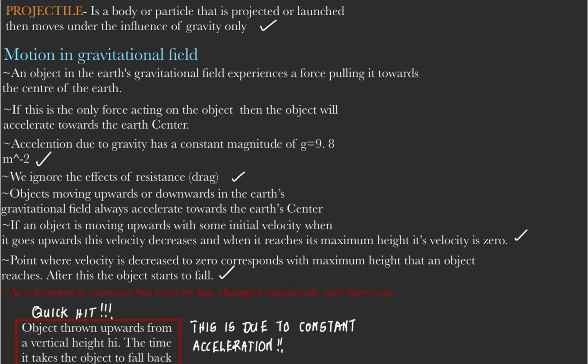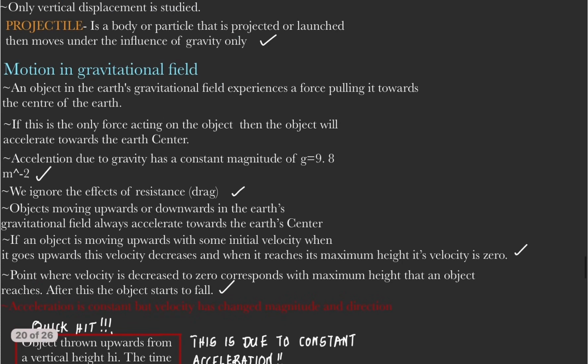And then the other point that you need to know is that if an object is thrown into the air, at the maximum height where it stops and comes back to the ground, the velocity there is equal to 0. So for example, let's say this is the ground and you throw a stone into the air, and then there it goes.